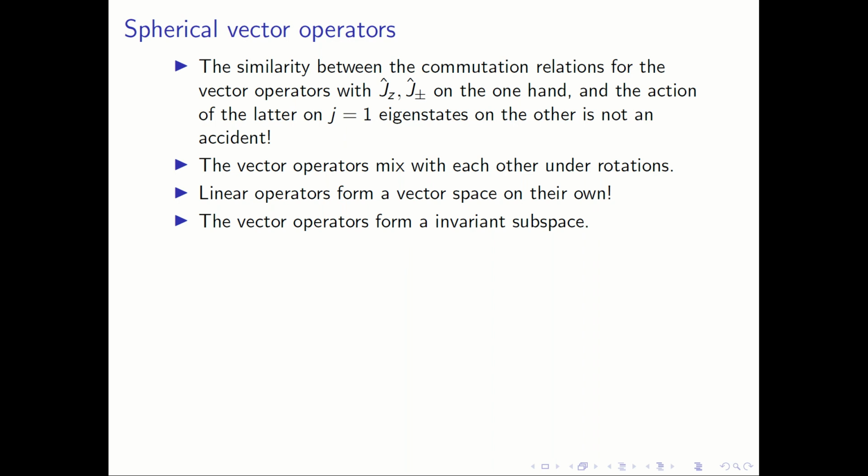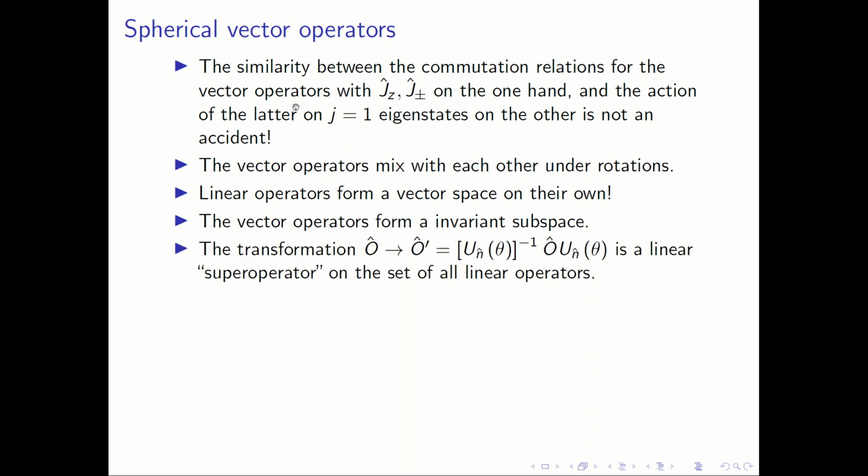But if you start with any linear combination of three components of a vector operator and you rotate your coordinate system, the operator changes into a linear combination of the same three vector operator components. Of course, that is exactly what we had defined vector operators as, things which transform in the same way as coordinates do under a rotation of coordinates.